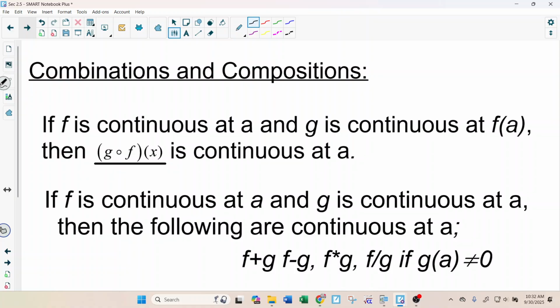So all those functions that we know, polynomials and trig and exponentials and logs and rational, are continuous. Any way we can combine them, we're going to get a continuous function also. Okay. Once again, continuous at a point, not necessarily continuous everywhere.